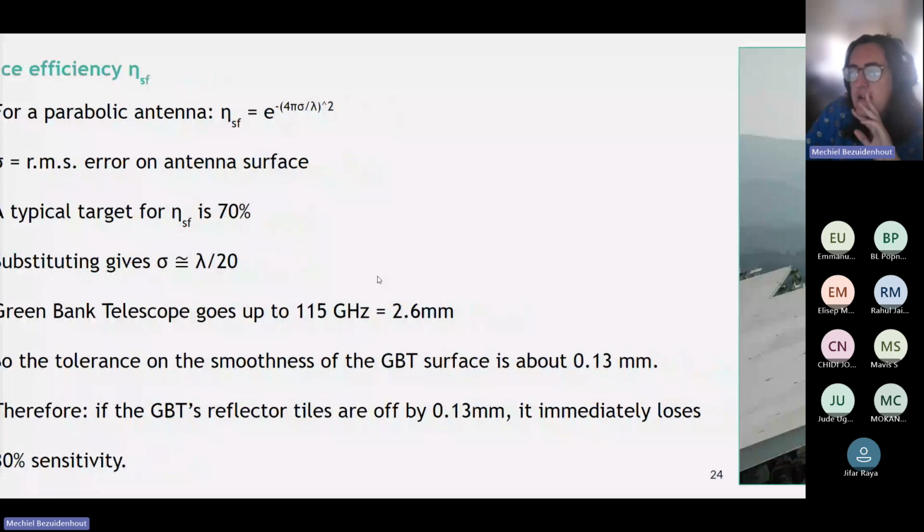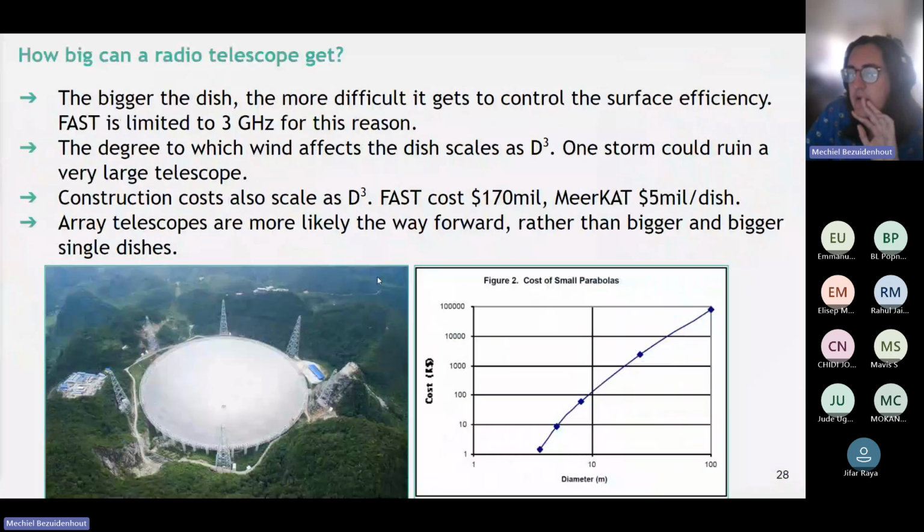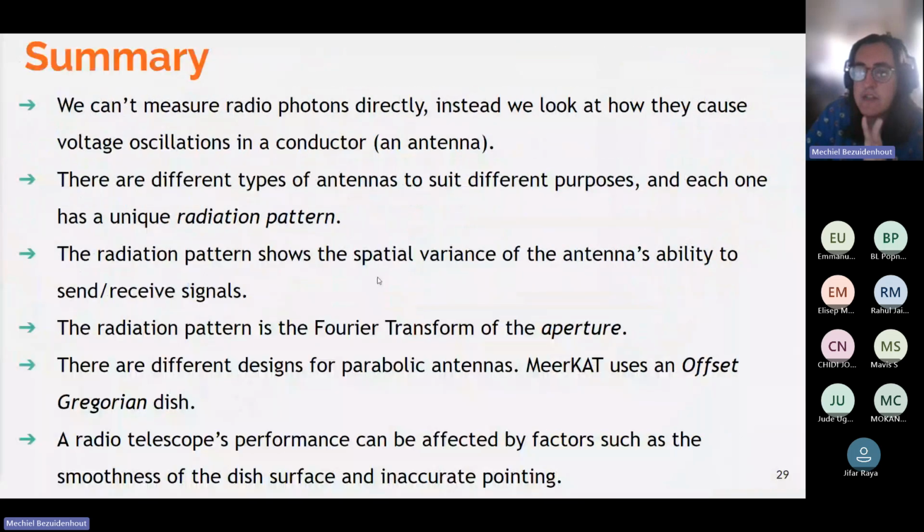So in 2 weeks' time, we're going to start with the basics of radio interferometry. And some of these concepts are going to be very important. In interferometry, we use a technique called aperture synthesis, which means that we use an array of different antennas or dishes to synthesize the aperture of a single telescope.